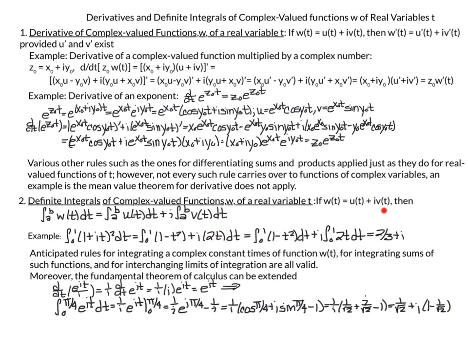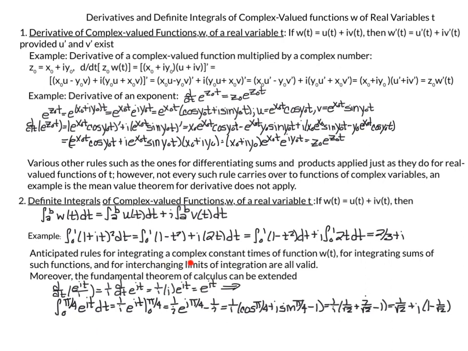By our formula, this will then be the integral of u of t, which is 1 minus t squared, the real part, plus i times the integral of the imaginary part, which is 2t dt. When we do the integral and plug in the final numbers, this is equal to 2/3 plus i.